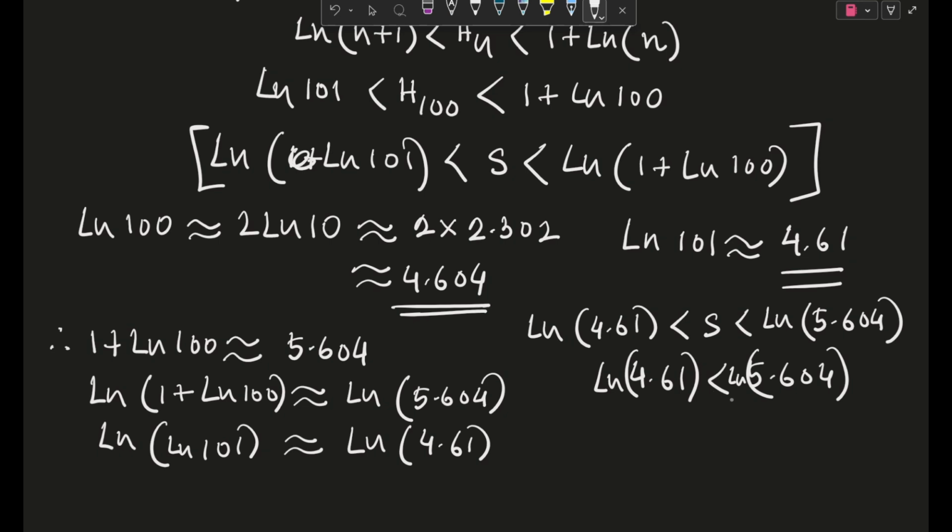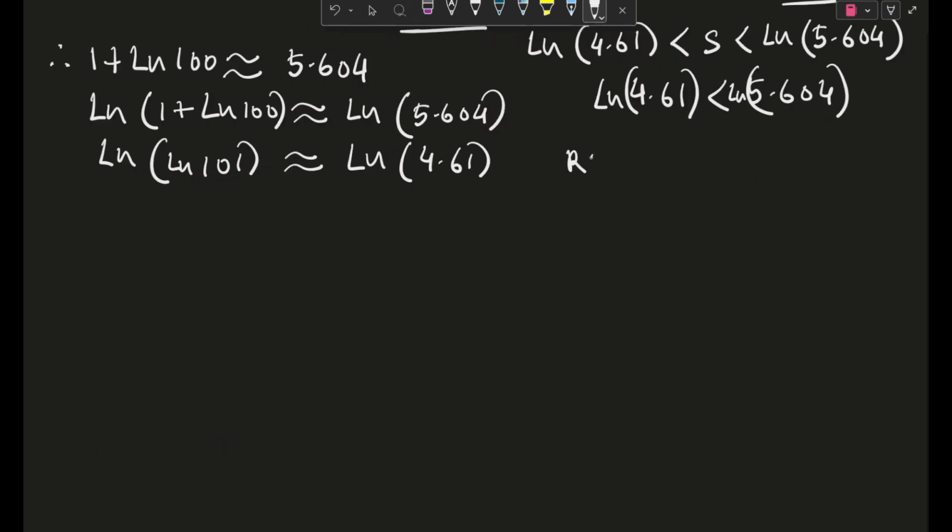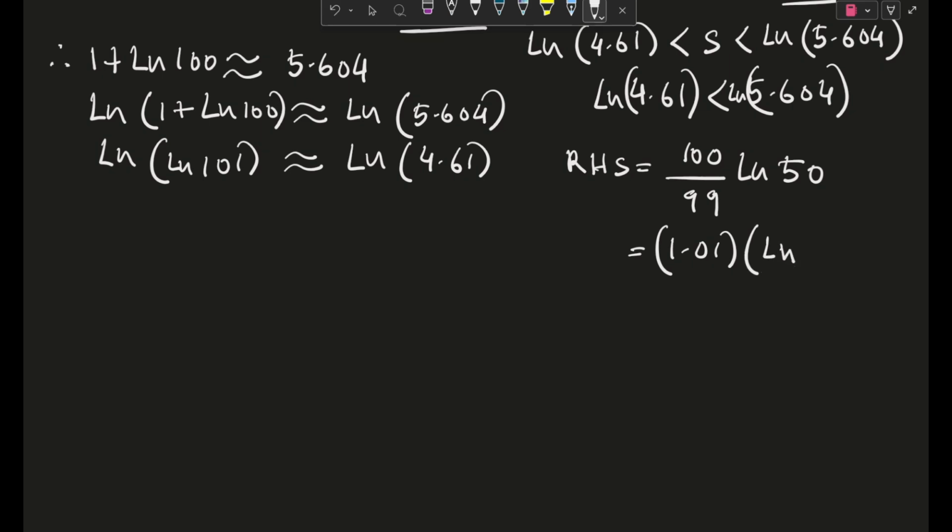So that's it, and now we will go on to the RHS of what was actually given in our option. In our RHS, we had 100 by 99 ln 50. Now 100 by 99 is 1.01 something. And ln 50, I am trying to do it as much without calculation. You can see ln 5 plus ln 10.